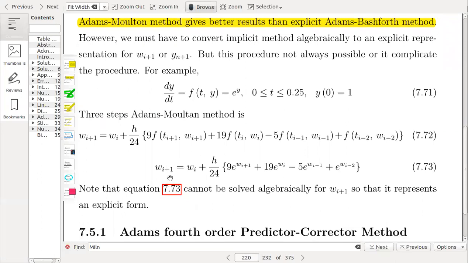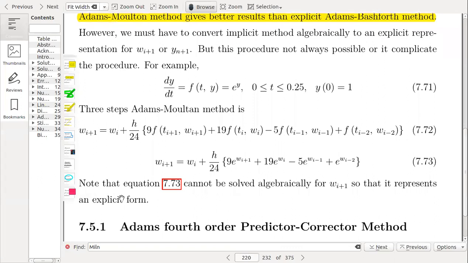So wi plus 1 is equal to wi plus h by 24 times 9 wi plus 1 plus 19 wi minus 5 wi minus 1 and so on. Note that this equation cannot be solved algebraically for wi plus 1 so that it represents an explicit method.